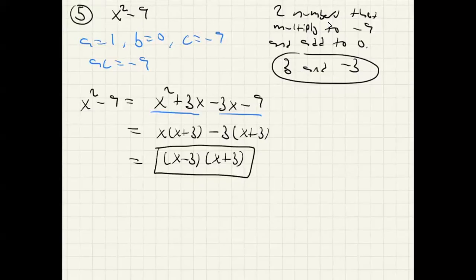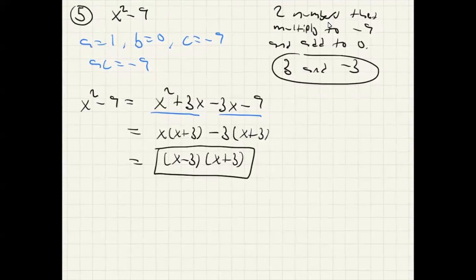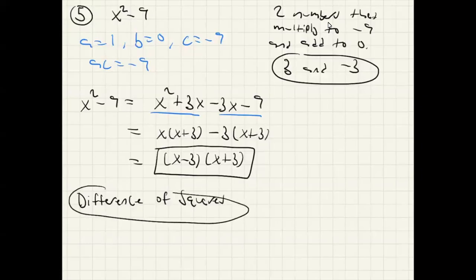This is actually a very special case. This is actually given a special formula. This is called a difference of squares. If you notice, x squared is something squared, and 9 is also something squared. It's 3 squared.